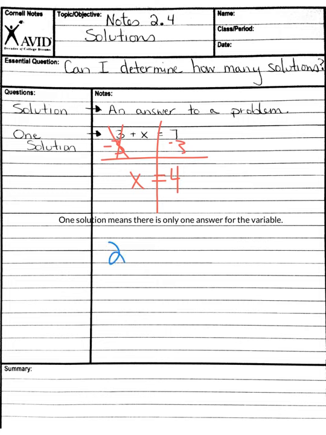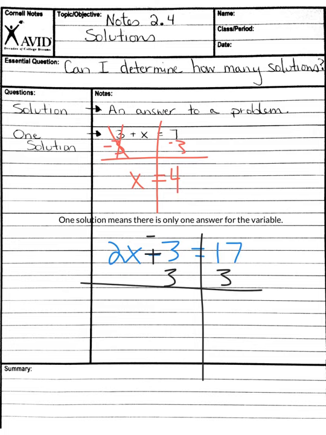Let's look at one other example for one solution. Let's say we have 2x minus 3 equals 17. Just reviewing our solving equation process here, we want to make sure that we change our subtraction to add the opposite. Now we want x by itself, so we add 3 to both sides. So we have 2x equals 20.